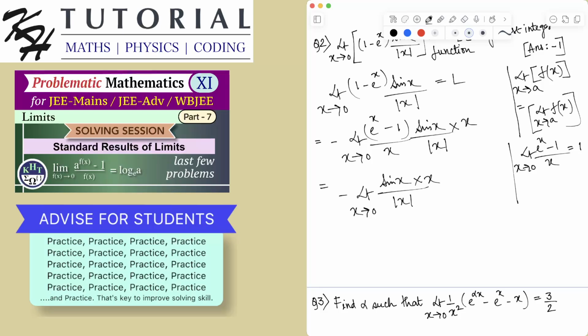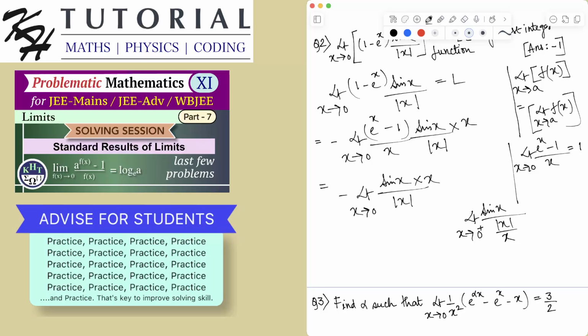It will depend. I mean, it will be 0 positive when x tends to 0 positive, and it will be 0 negative when x tends to 0 negative. Let's see what will be the limit as x tends to 0 positive of sin x, divided by mod x, times x.